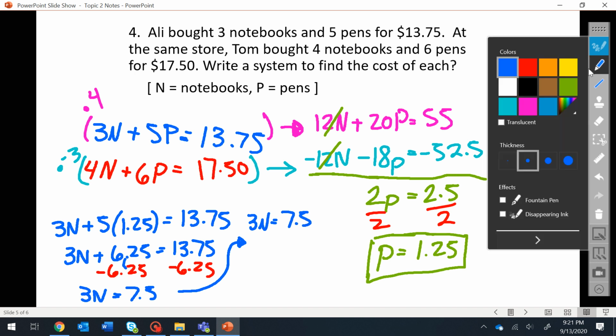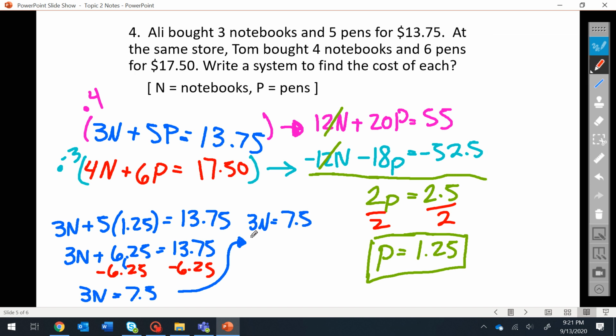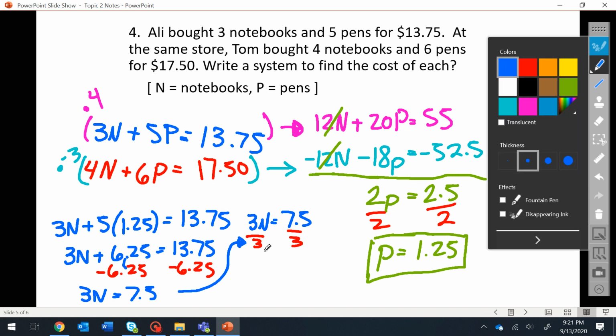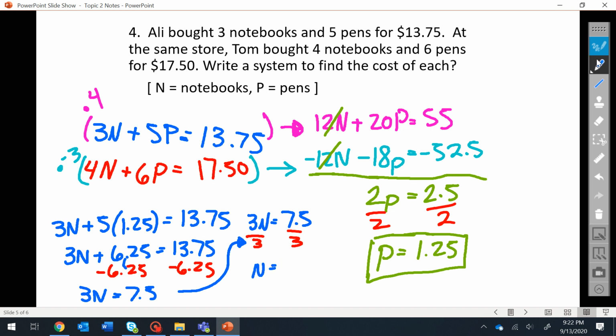I just need to divide by 3, and I will get the cost of each notebook. So 7.5 divided by 3 is 2.5, but since we are dealing with money here, we will write it as $2.50.